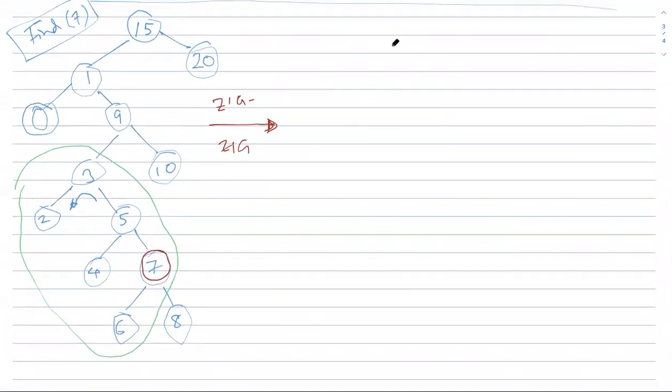So let's draw. So it will become 15, 20, 1, 0, 9, 10. So now we have to be careful. So here, what do we expect to see? So 7 will come directly here, replacing 3. And it would be in the reversed order.